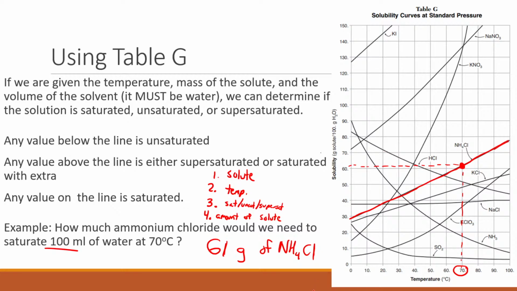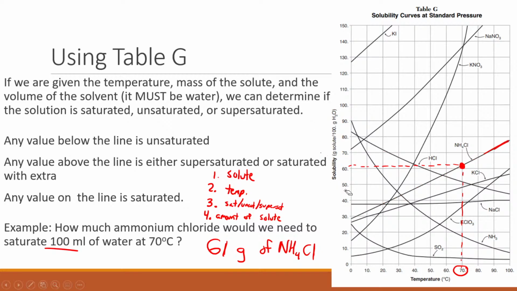Now, I hear you saying, but Mr. M, you underlined 100 milliliters of water and you didn't do anything with that. And that's a very good observation. They gave me 100 milliliters of water and acted like it was important. And it is. If we look at the scale of the y-axis here, it says grams of solute per 100 grams of water.